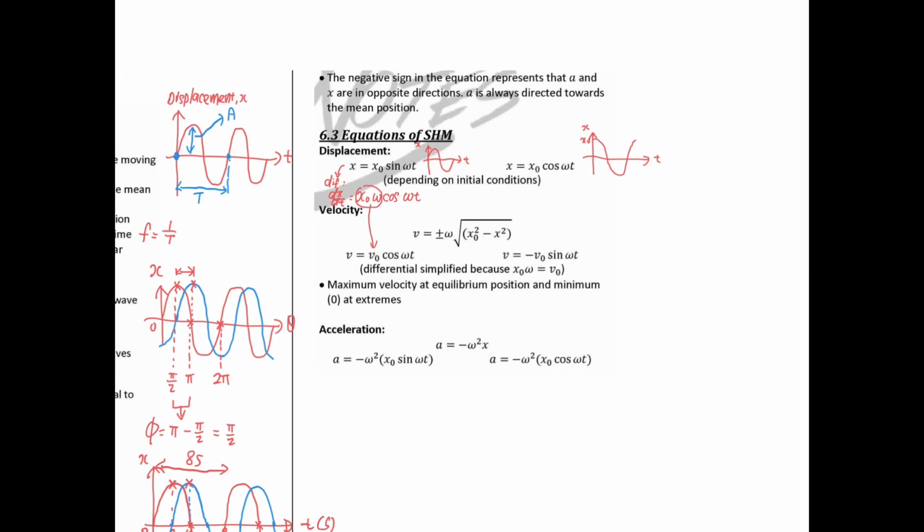Then the cos omega t remains. So that's why you can see the next formula written here. v equal to v naught, where v naught is the maximum velocity, cos omega t. Okay, so that's the formula after we differentiate.